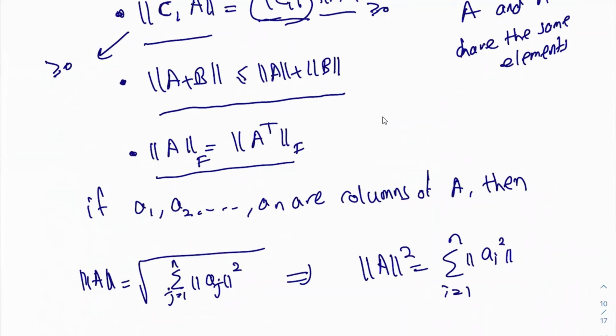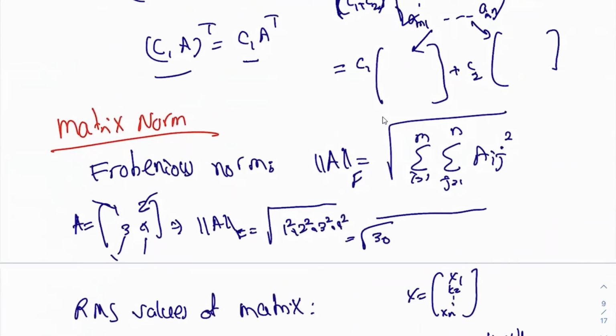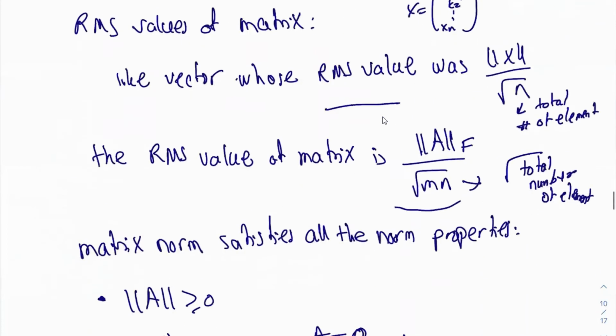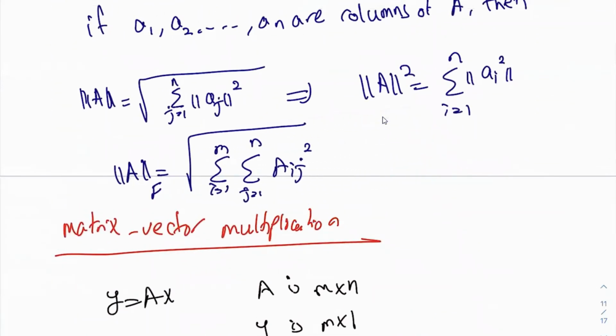Now we go to talk about another very important property of the Frobenius norm. So remember here the definition that I have. Let's use another color here. Let's copy this one and paste it here.